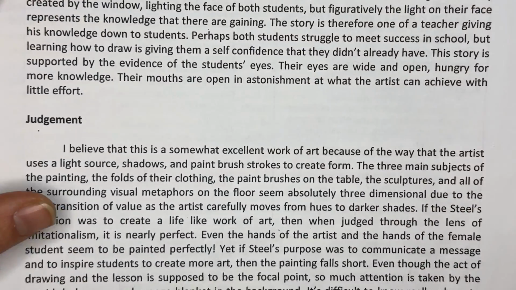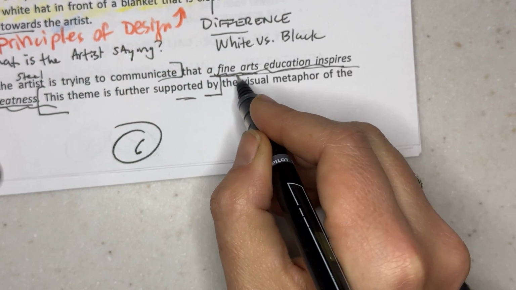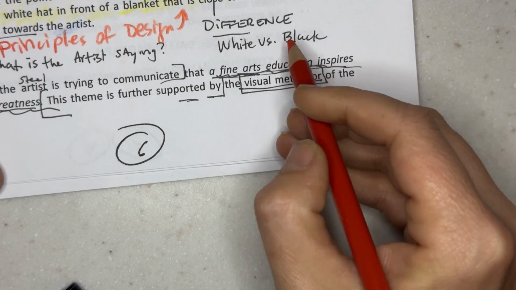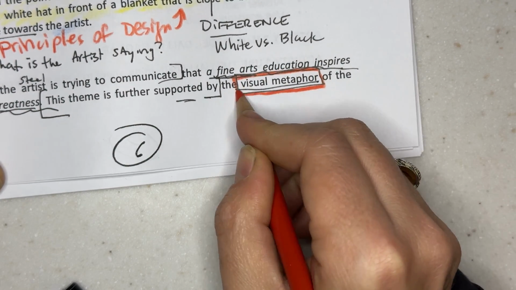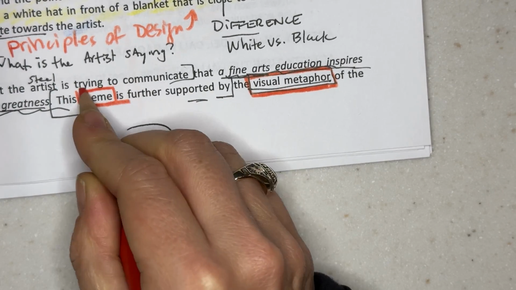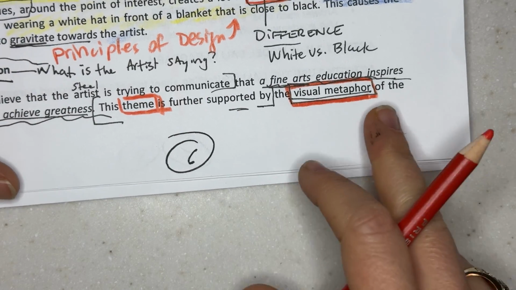So again, we're talking here about visual metaphors. So let's call this an art vocab word, right? Like the key words I should see in this paragraph are visual metaphors, theme. Okay, so I believe that the artist is trying to communicate that fine arts education inspires students.